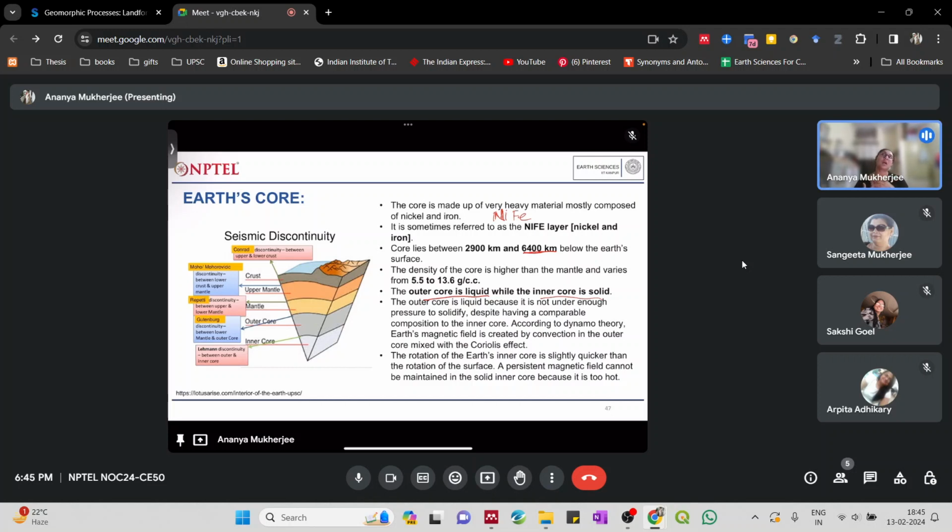If our outer core was not liquid, and why even mantle, we can say there are convection currents in mantle also, but the composition of mantle varies from the composition of outer core or the entire core in general. So you need a ferromagnetic material to generate the magnetic field.